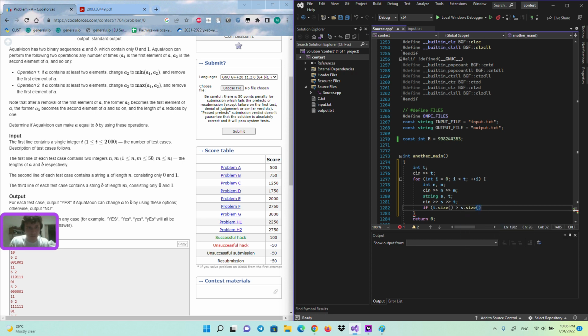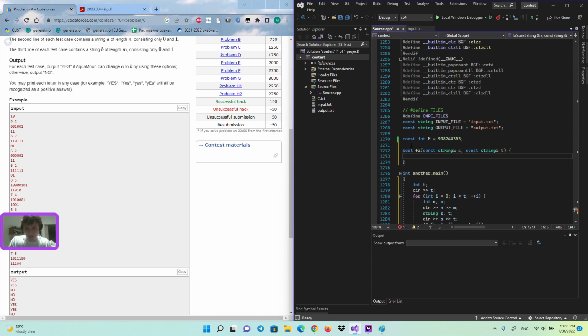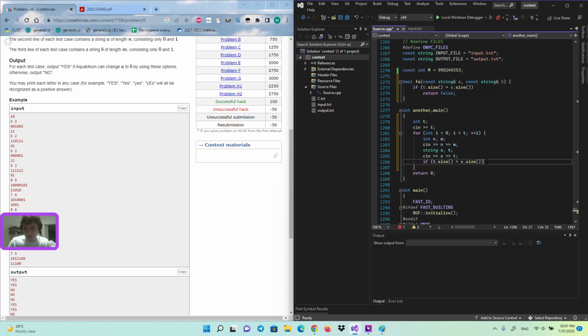Okay, let's make a bool. So if T dot size is greater than S dot size, then return false. And here we print out fast, yes, no.